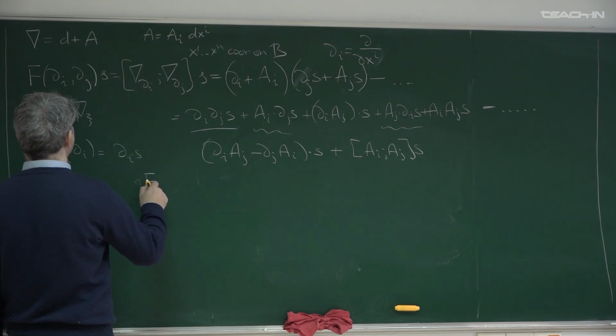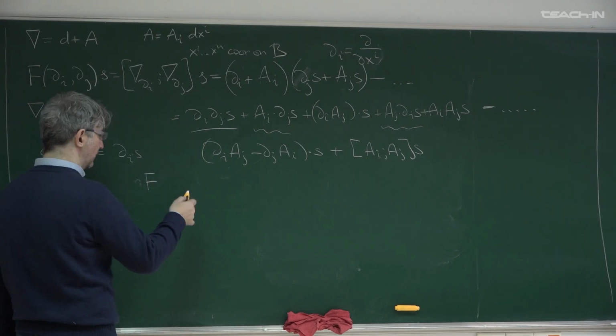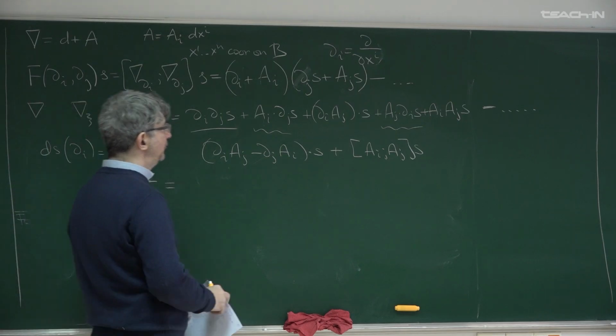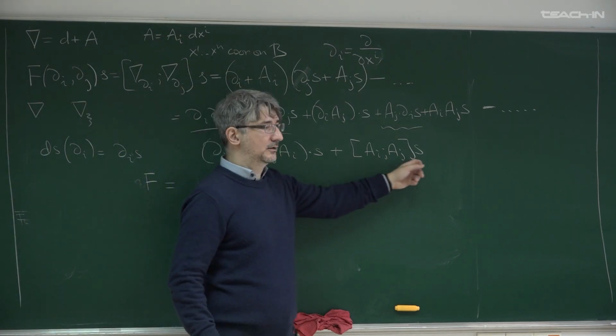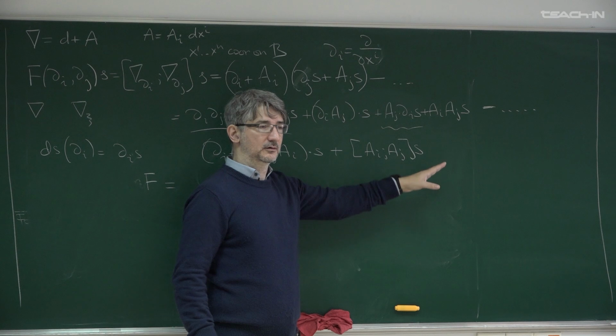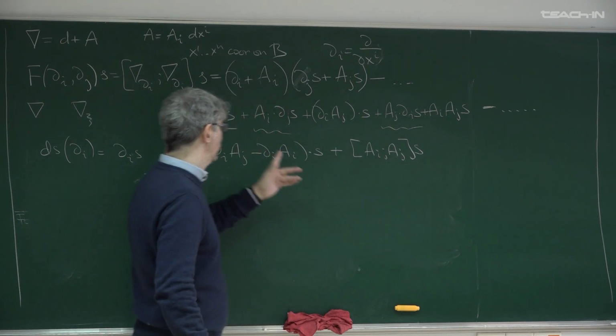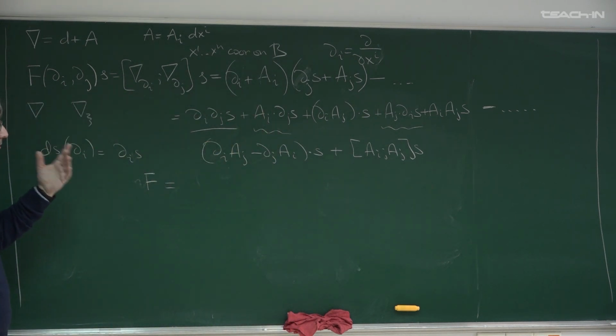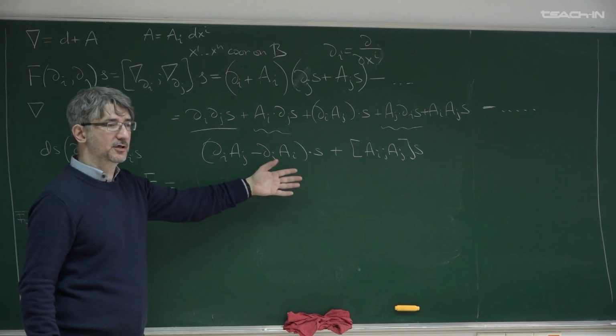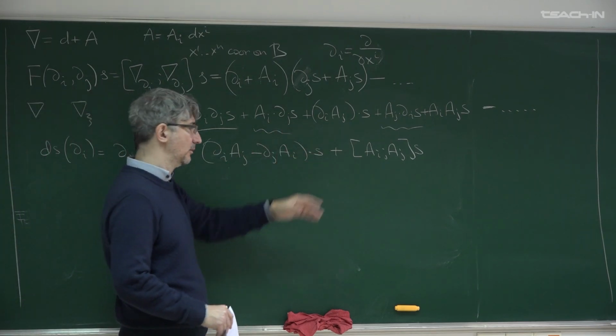So the curvature is a two-form. As you can see here, the section can be put outside. So we obtained an operator because there is no differentiation with respect to s, so we can forget about s.